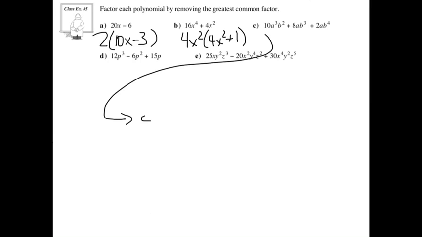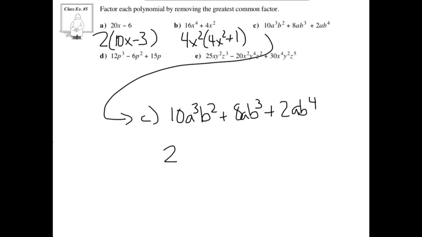Let's take a look at C. We've got 10a to the power of 3 b squared plus 8ab to the power of 3 plus 2ab to the power of 4. Now taking a look at the coefficients, we've got 10, 8, and 2. The greatest common factor of these would basically be 2.